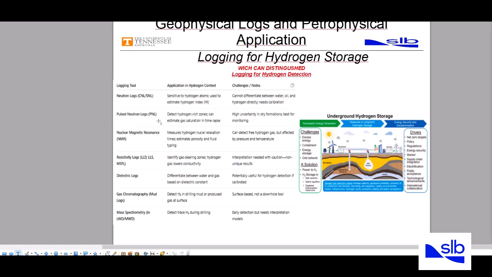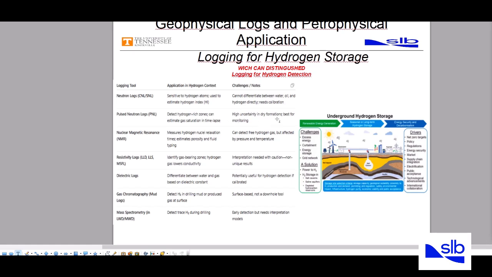Pulsed neutron logs detect hydrogen in a rich zone and can estimate gas saturation in time lapse, but the challenge in this case is the high uncertainty in dry formation. It's clear that serpentinite rocks can be in high uncertainty formation.